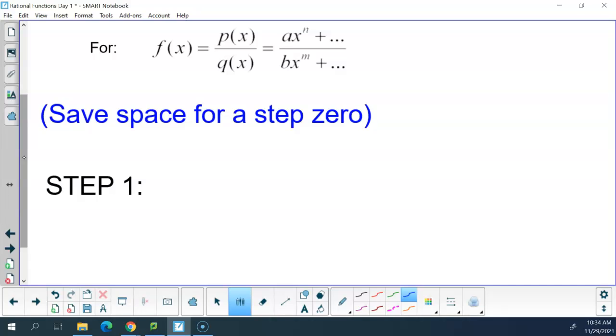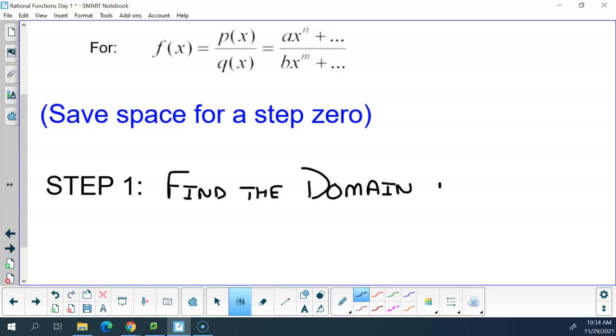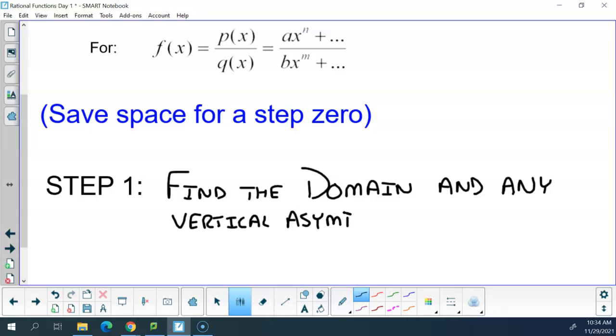So step number 1 says we need to find the domain and any vertical asymptotes. How do we do that again?